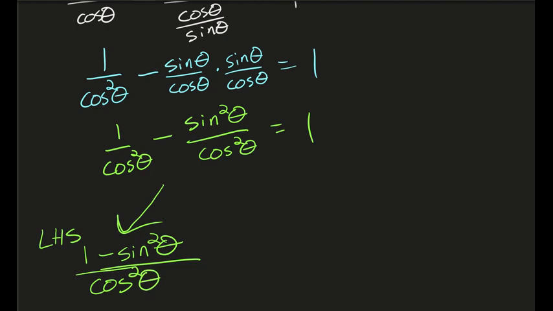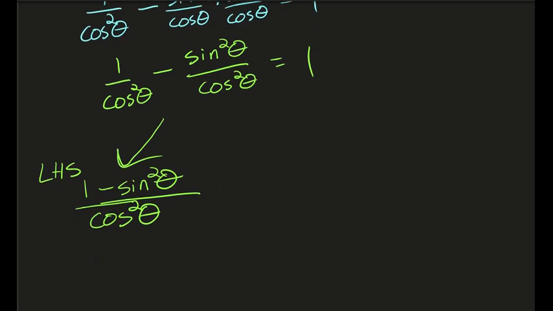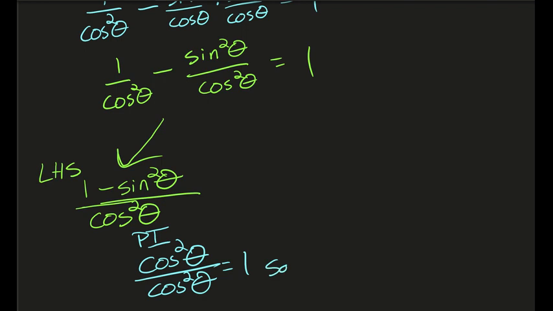So 1 minus sine squared theta divided by cosine squared theta. This numerator is a Pythagorean identity for cosine squared theta, which is equal to 1. And that's the same as the right-hand side. The other option we have to prove this identity is to work with both sides.